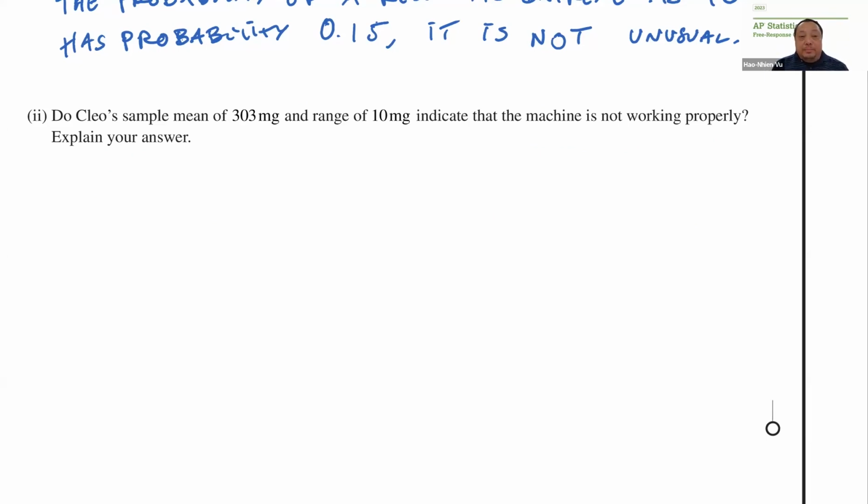Part II. Do Cleo's sample mean of 303 and range of 10 indicate that the machine is not working properly? So the question is, if it's working properly, would it end up with a sample mean of 303 and a range of 10? So we need an "and" in there.